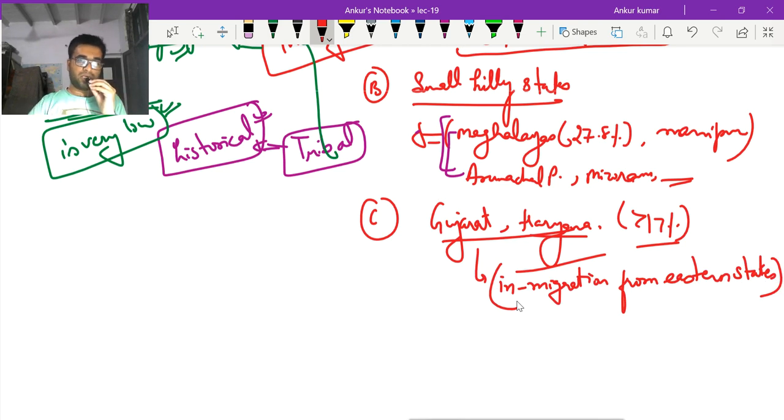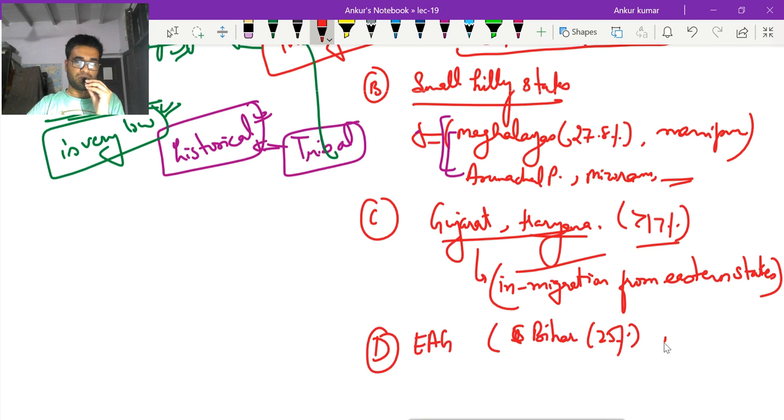Moving on to D, these are the EAG states, empowered action group states, and these include states like Bihar, with 25% decadal population growth, Chhattisgarh, Jharkhand, Rajasthan, MP, UP, Uttarakhand.